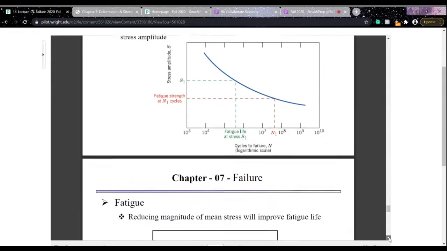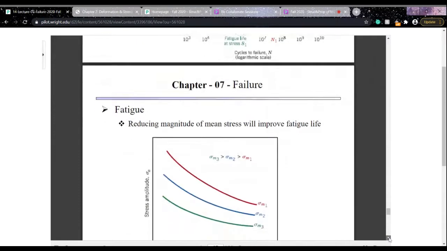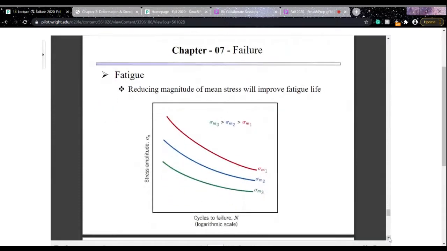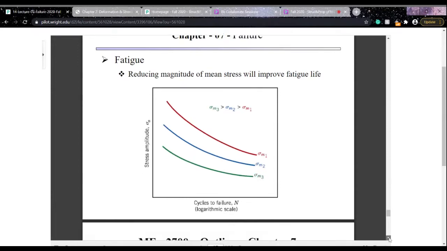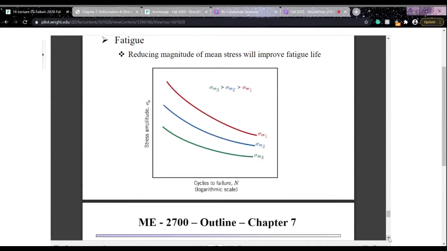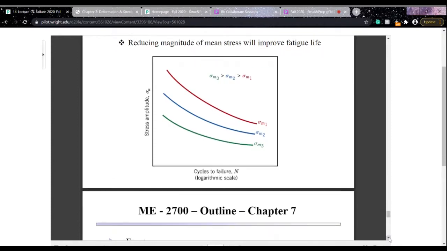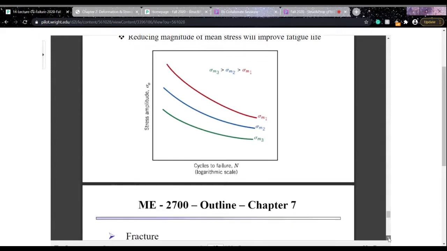But when the stress amplitude is below the fatigue limit, we can say that the material does not fail, or the material may fail after an infinite number of cycles, or it has a larger fatigue life. By reducing the magnitude of the mean stress value, we can say that the fatigue life improves.